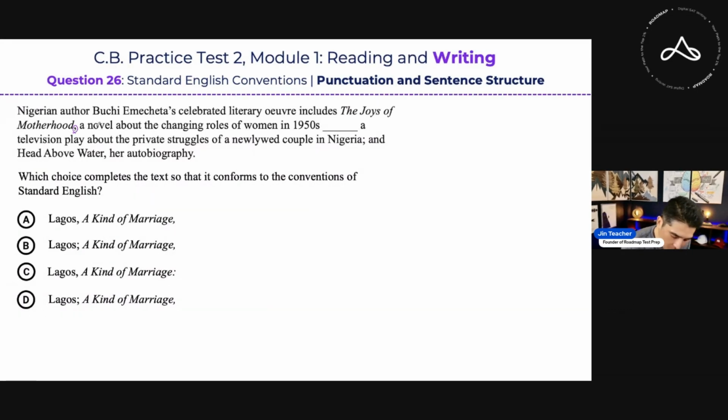To separate words in an item, and that's why we need the semicolon to separate the items in the list, right? That's the unique type of sentence structure that you're going to see when you see a semicolon being used to separate items from a list, right?